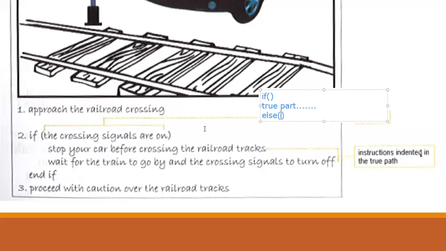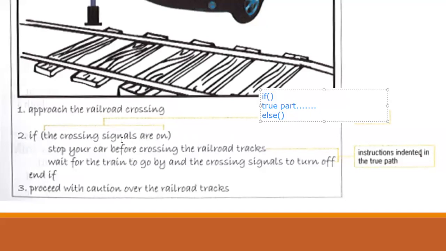Don't get confused. For the moment, think of the car approaching the railroad, then there is a condition. Within the if brackets you introduce the condition, and here the condition is that the crossing signals are on. Based on that condition, you have to think.